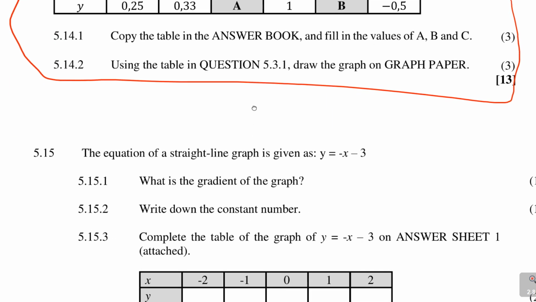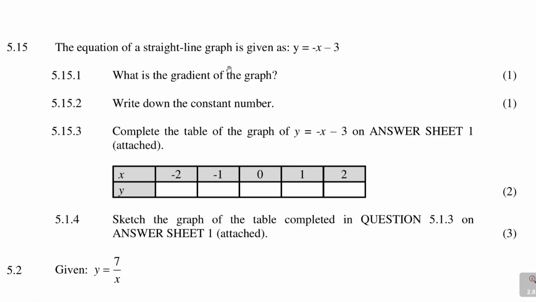Let's come here, and they are saying the equation of a straight line is given as y is minus x minus 3. Then what is the gradient of the graph? So remember, we're saying y is equal to mx plus c. So they want us to find the gradient here. If I write it here, it will be y is equal to minus x minus 3. They are asking me, what is the gradient?